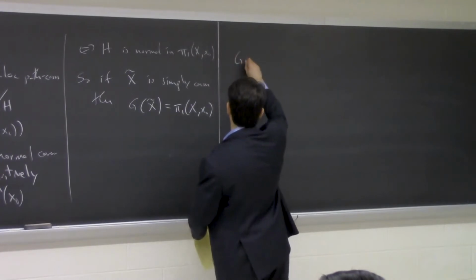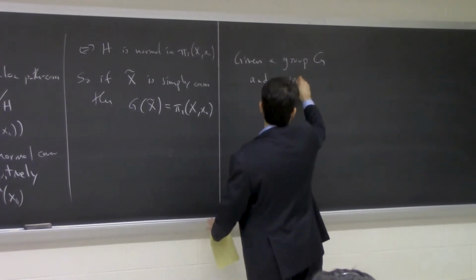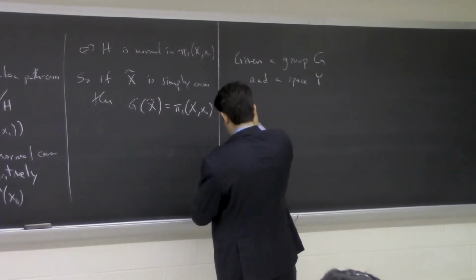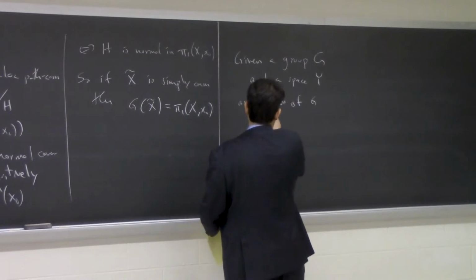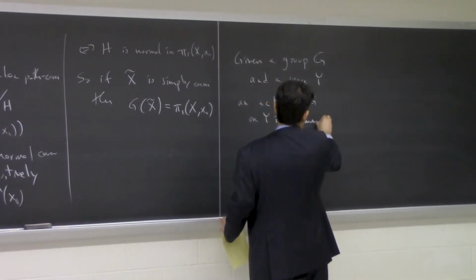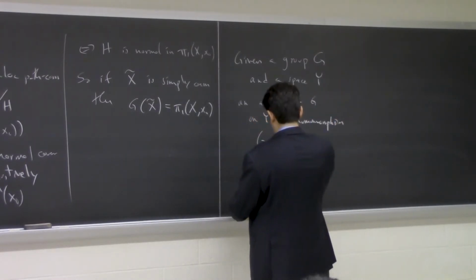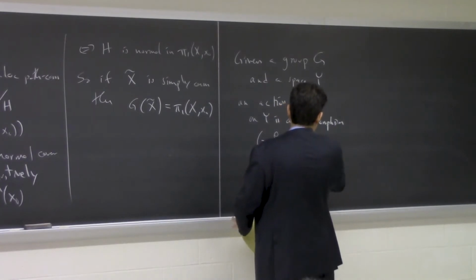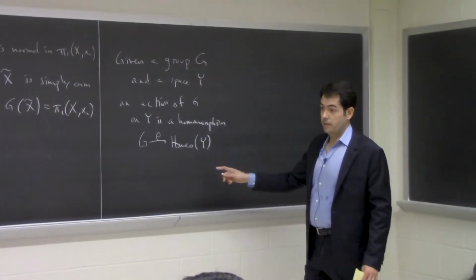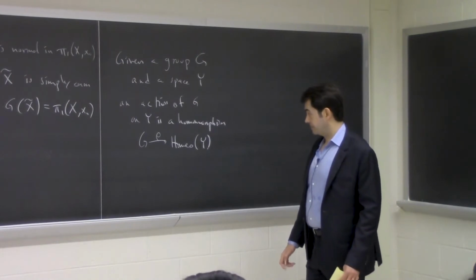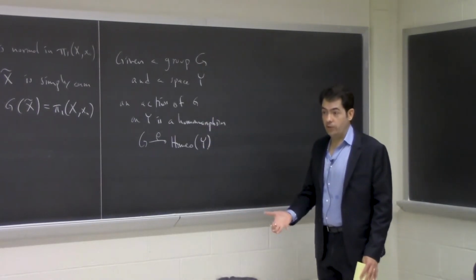So some vocabulary for that. Let's say you're given a group G and a space Y. An action of G on Y is a homomorphism rho from G into the homeomorphisms of Y. Okay, so this is what we want, because we're just thinking of the group as an algebraic thing, no topology on it.